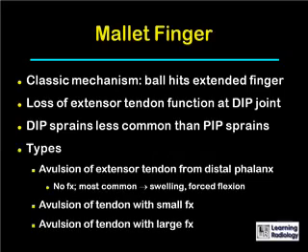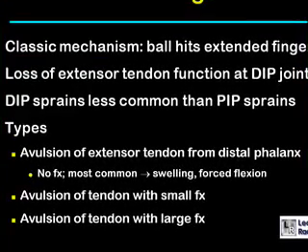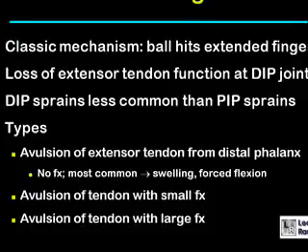And the types of injuries that can occur here are an avulsion of the extensor tendon from the distal phalanx with no fracture. This is the most common variety. It will produce swelling and forced flexion of the terminal phalanx. Or there can be avulsion of the tendon with a small fracture, or avulsion of the tendon with a large fracture.